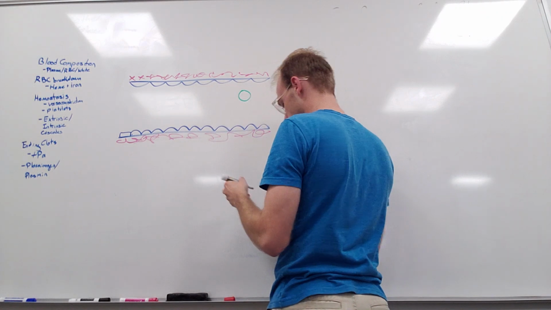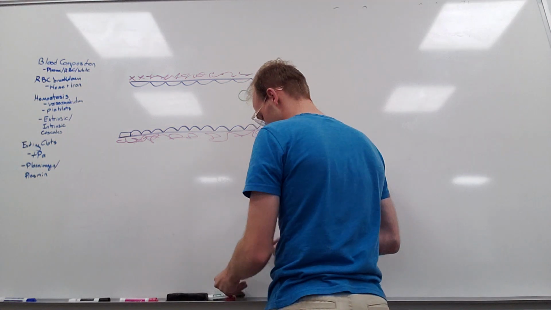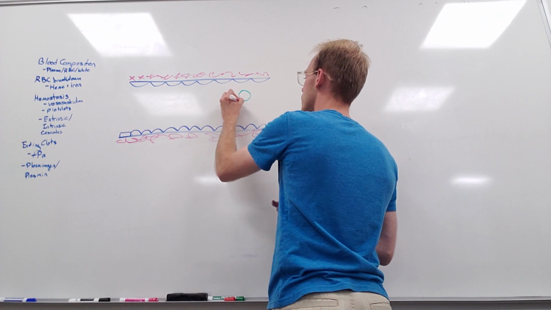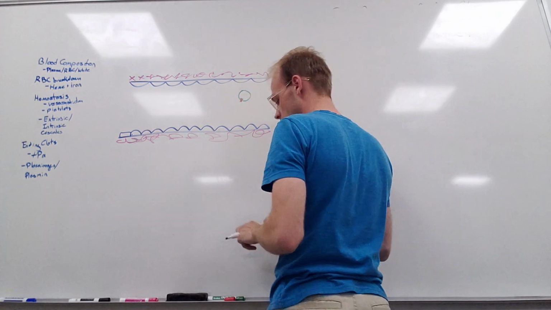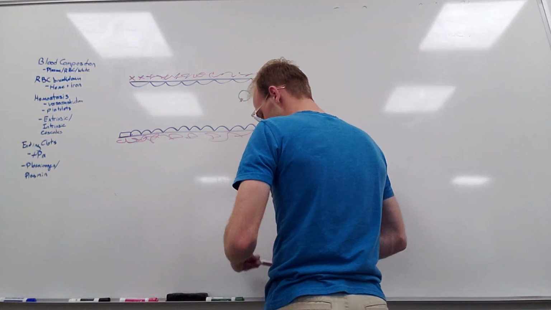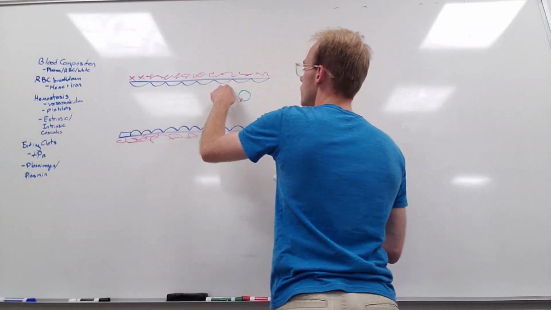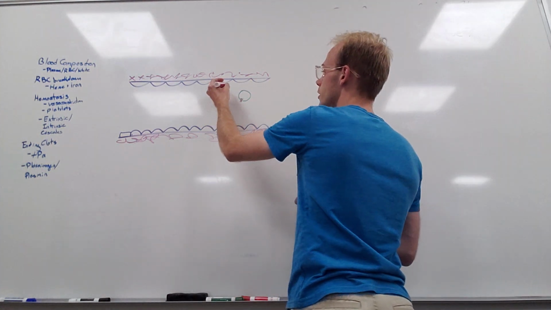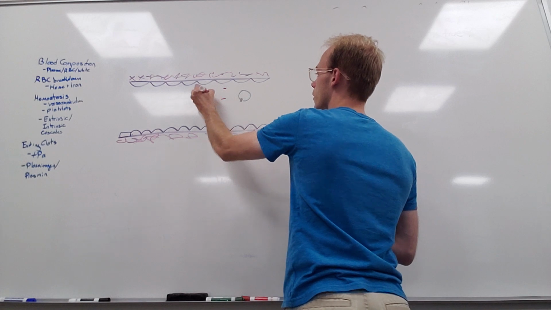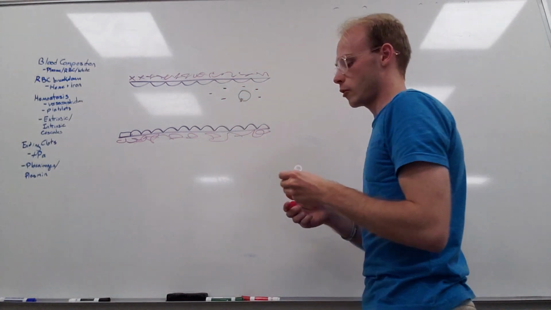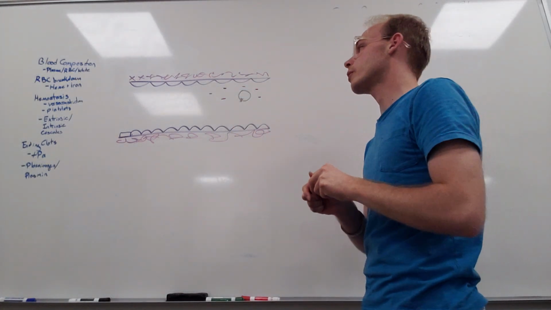So here's our platelet. Doesn't really look like anything special, and it's got this receptor. And so these endothelial cells and these squamous cells are constantly releasing these little things, which are called VWF, or von Willebrand factor.